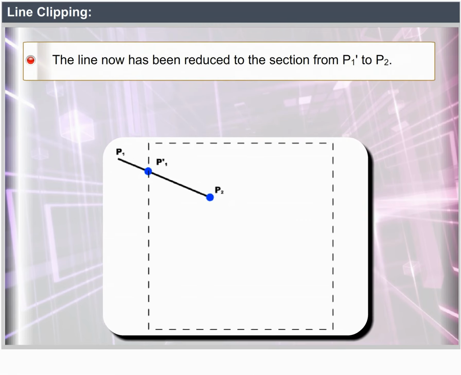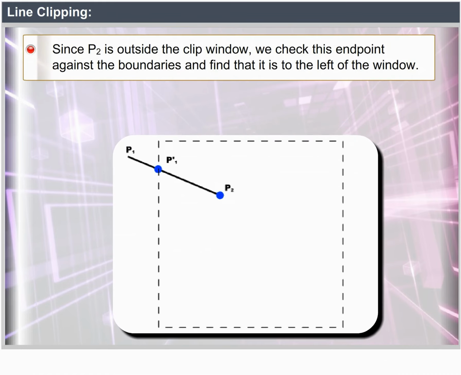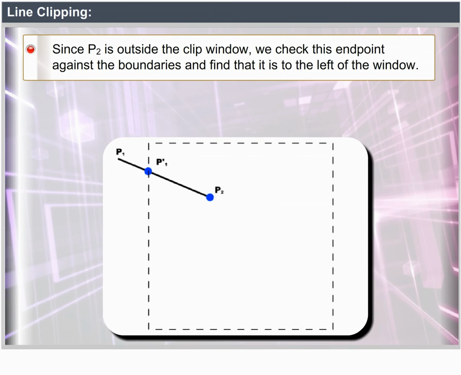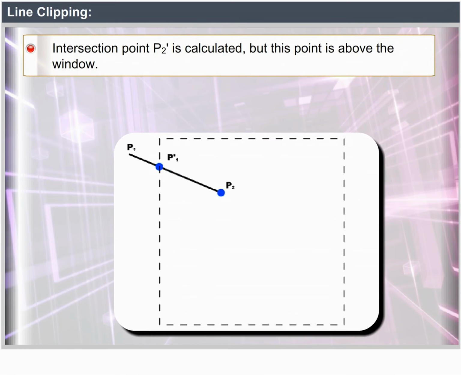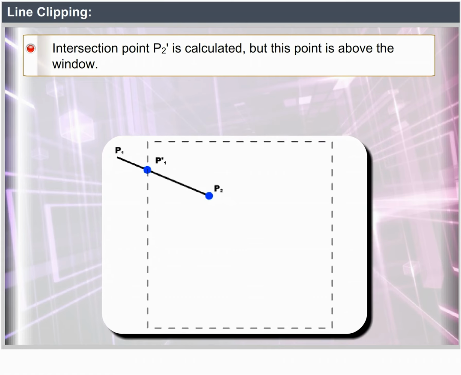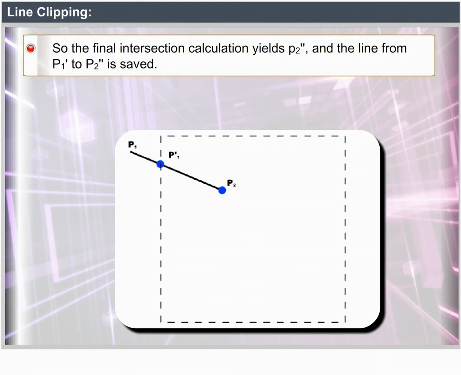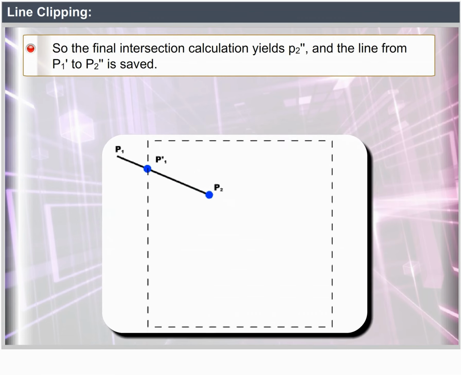The line has now been reduced to the section P1' to P2. Since P2 is outside the clip window, we check this endpoint against the boundaries and find that it is to the left of the window. Intersection point P2' is calculated, but this point is above the window. So the final intersection calculation yields P2'' and the line from P1' to P2'' is saved.